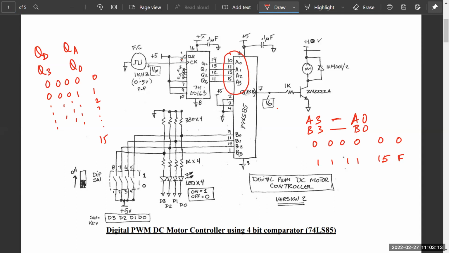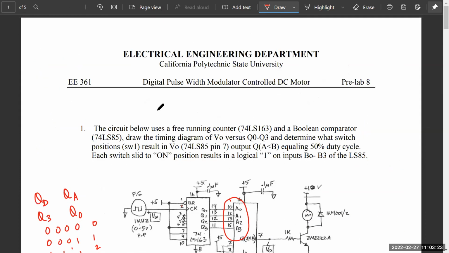Now let's take a look at the question. We have a free running counter, and it's being fed into the comparator.